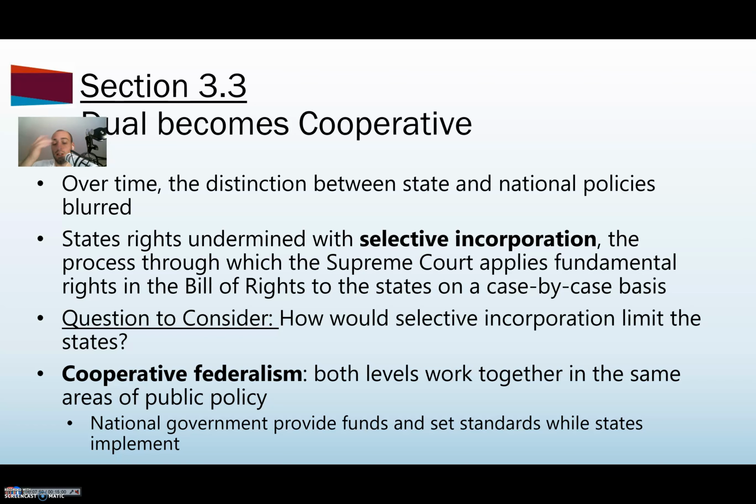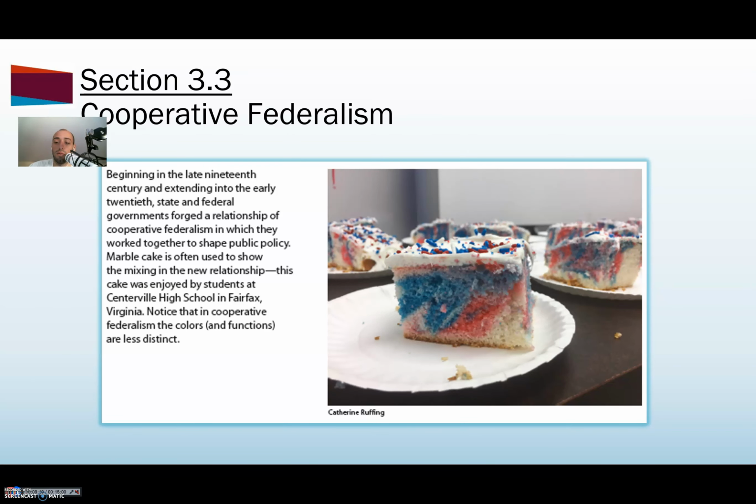We look at this a lot when it comes to government funds, and we'll talk a lot about funding with federal government and state powers, because that's the biggest leverage federal governments have over the states. They follow what the federal government wants based on the amount of money the government will feed them.